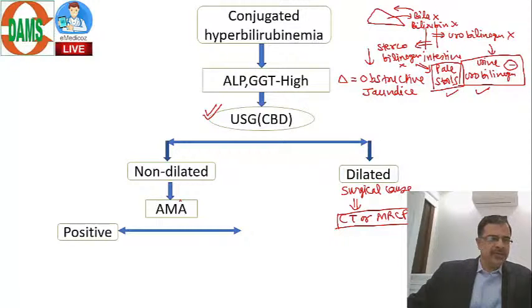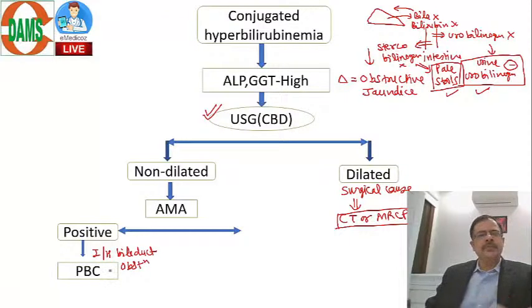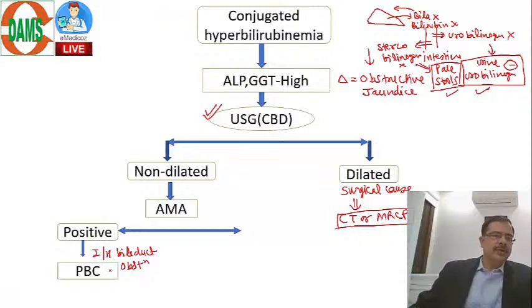If AMA is positive, that means it is a case of primary biliary cholangitis, and it is the intrahepatic bile ducts which are affected. Intrahepatic bile duct obstruction: primary biliary cirrhosis or primary biliary cholangitis. So AMA will be positive in that case.